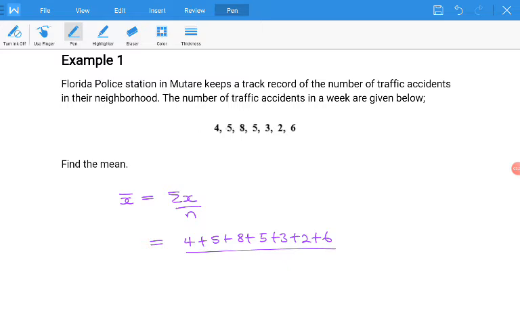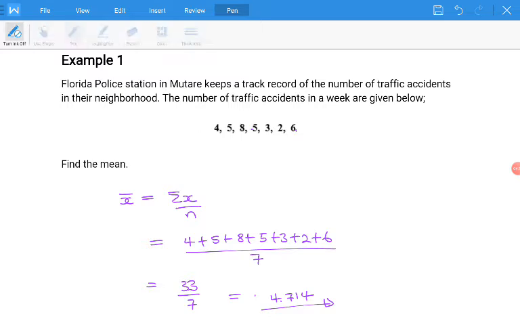We have 1, 2, 3, 4, 5, 6, 7. So all divided by 7, and this gives us 33 over 7. And hence the mean here is equal to 4.714. So the average number of accidents per day is 4.7.